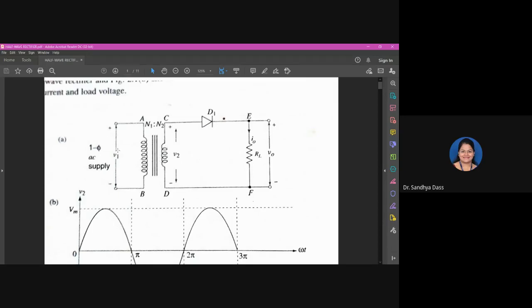I'll repeat, V1 by V2 is equal to N1 by N2. So from that, we get V2 equal to N2 by N1 into V1, isn't it?